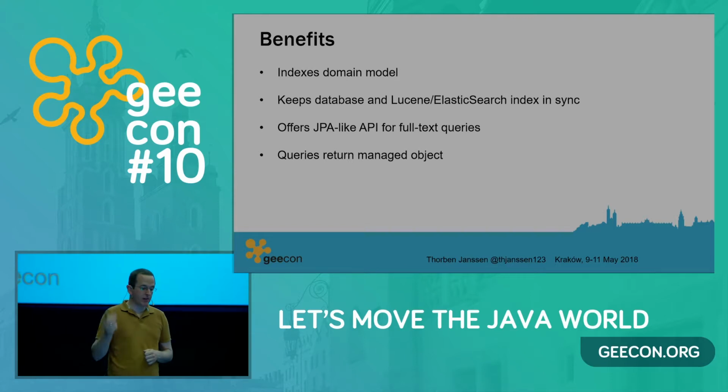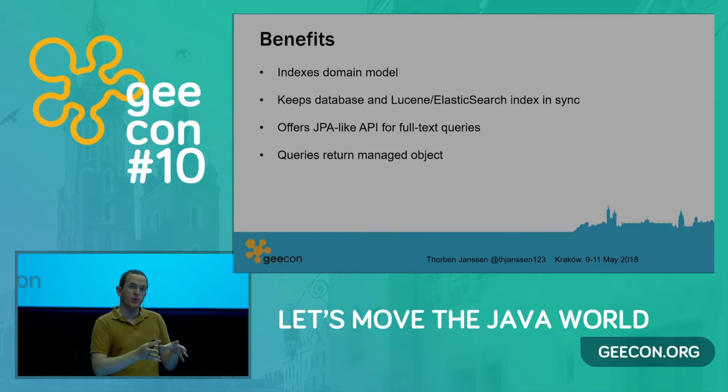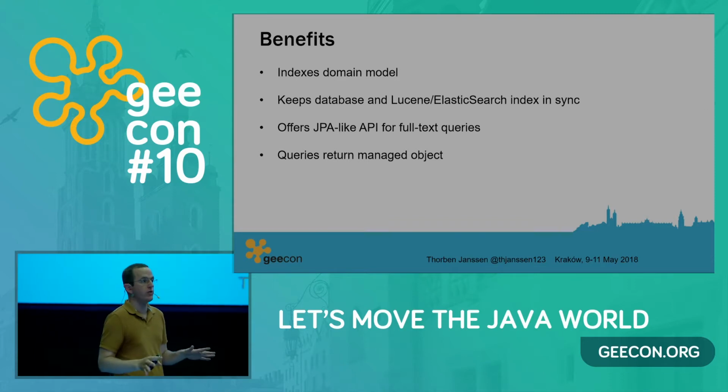And the main benefit here is that you don't need to take care that your relational database and your full-text search index are in sync. That's handled completely transparently by Hibernate Search.